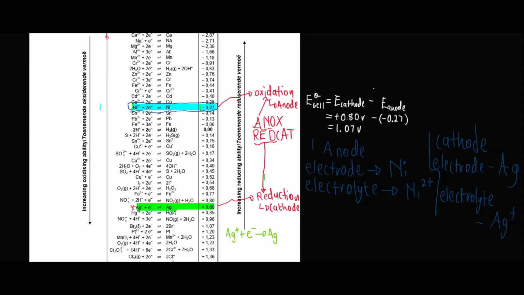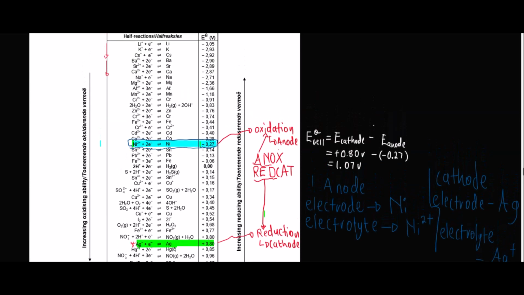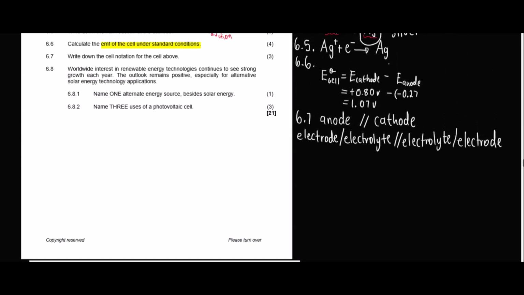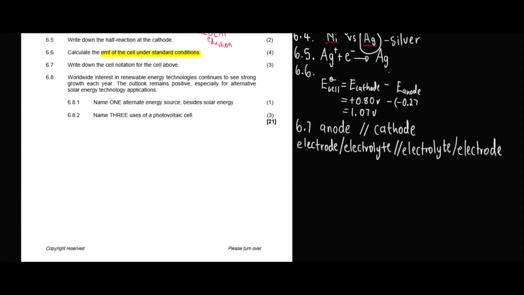These ones with the ions are going to be our electrolyte, right? And these ones without the ions, the Ni and the Ag, would be our electrode. So now let's quickly write that down.